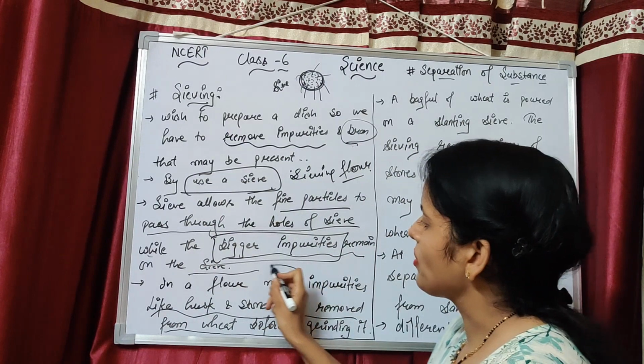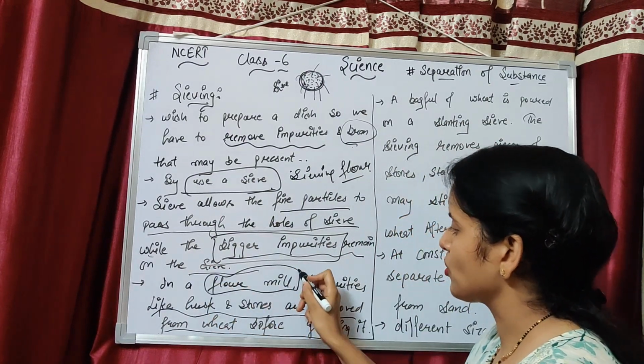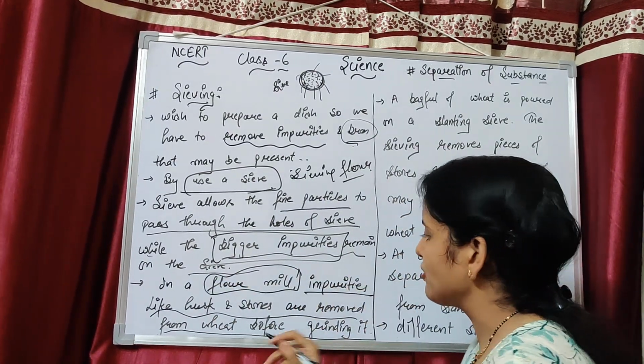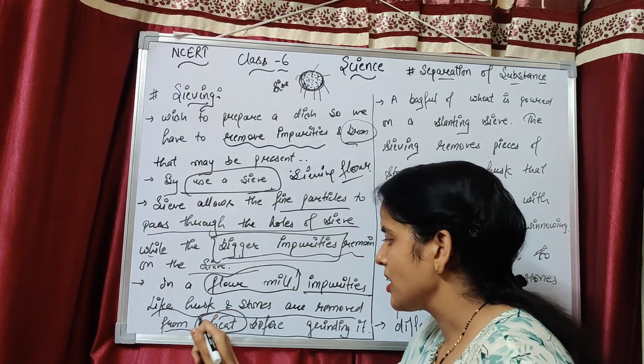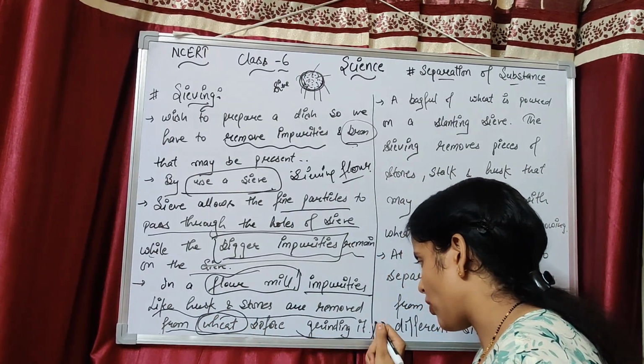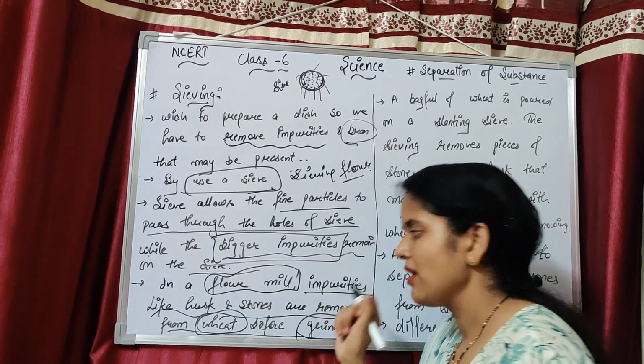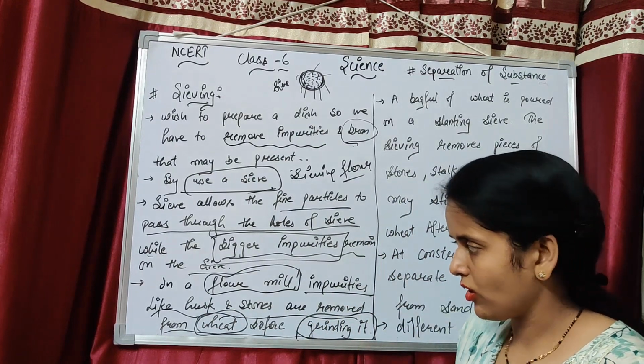So in a flour mill also, this method is used to remove impurities from the wheat before grinding. Is it clear to all of you?